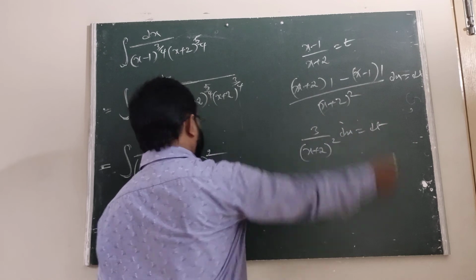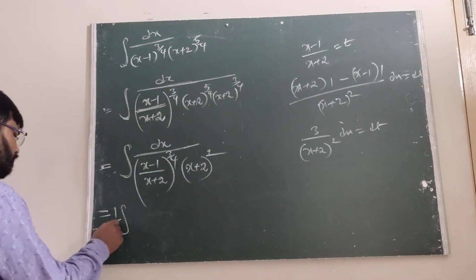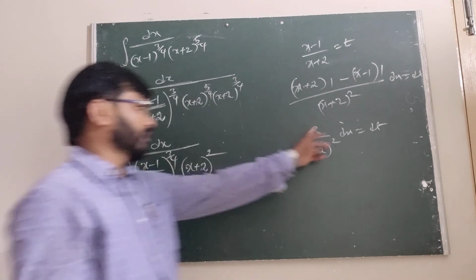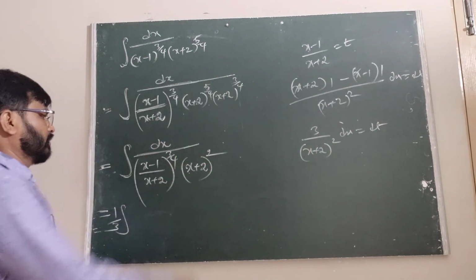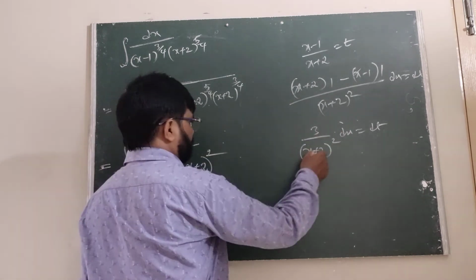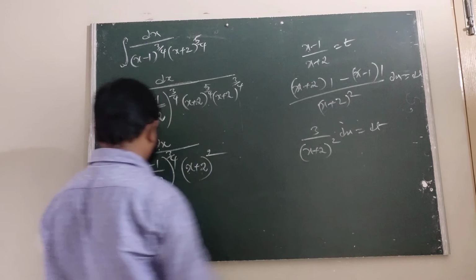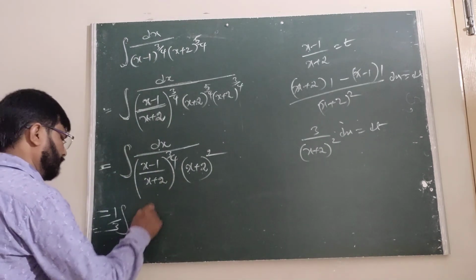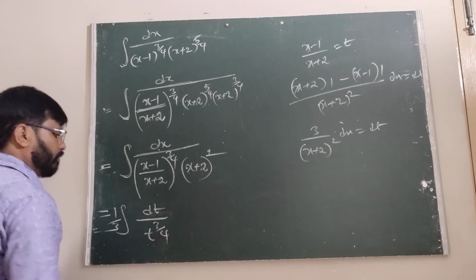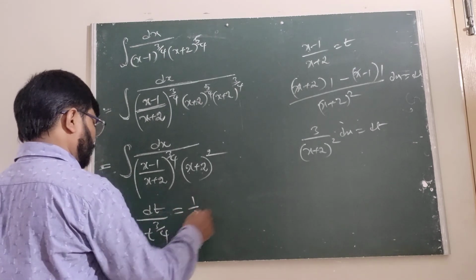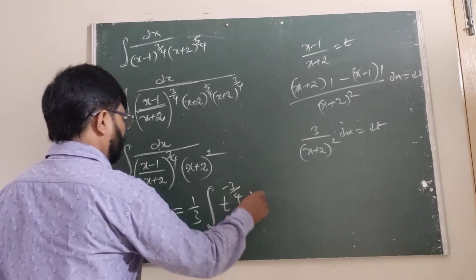Therefore 3 is sent to the other side, then it will be integral 1 by 3 into dx by x plus 2 whole square, and dx by x plus 2 whole square is dt. So the integral becomes dt upon t power 3 by 4. Now this is 1 by 3 integral t power minus 3 by 4 dt.